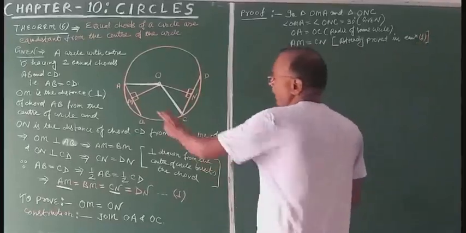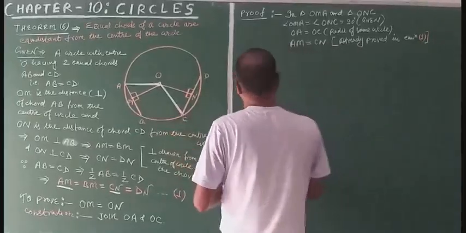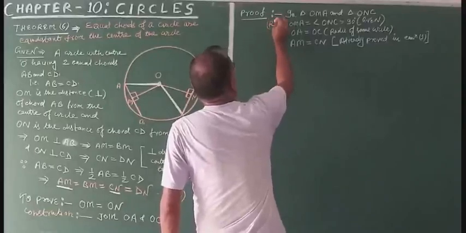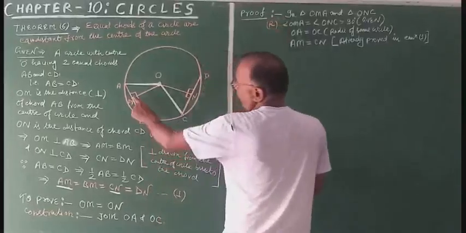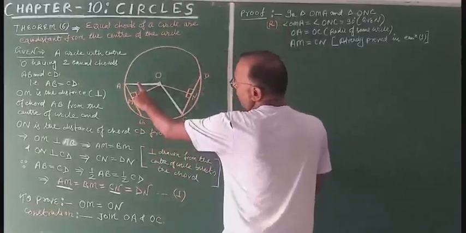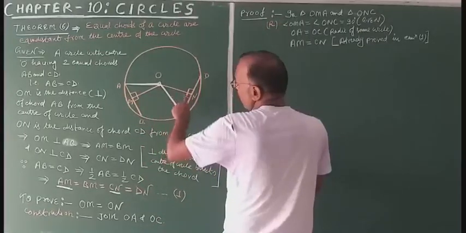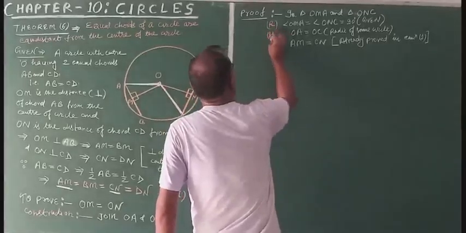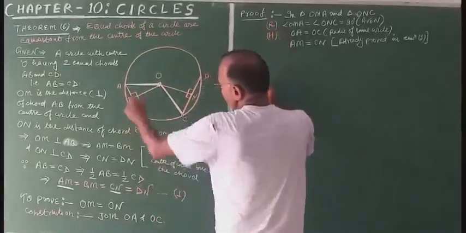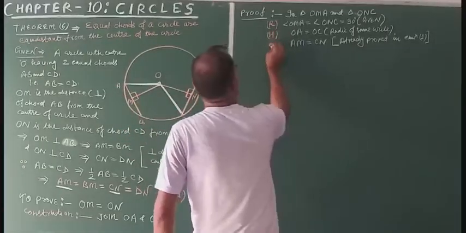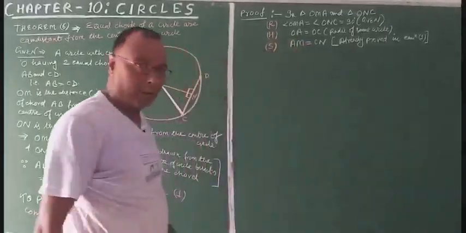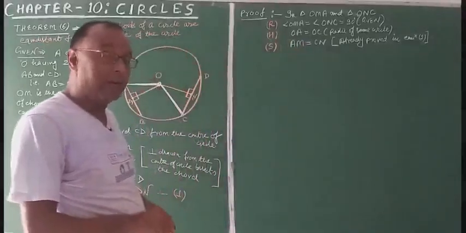Angle OMA, that is 90 degree. That means this is right angle. OA, side opposite to 90 degree. OC, side opposite to 90 degree. This is the hypotenuse, and this AM and CN, they are the sides. So by RHS rule, both the triangles are congruent.